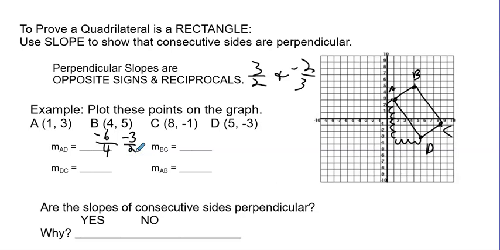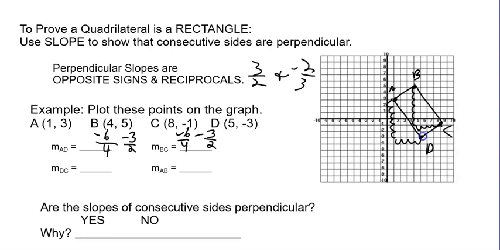Let's do BC. 1, 2, 3, 4, 5, 6. 1, 2, 3, 4. Same thing. Negative 3 over 2 reduced. Remember, we first went negative 6 and then right 4. Down 6, right 4.